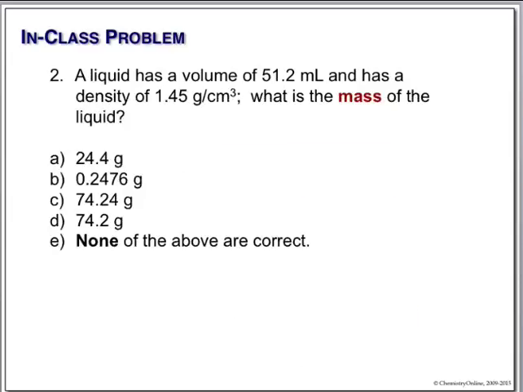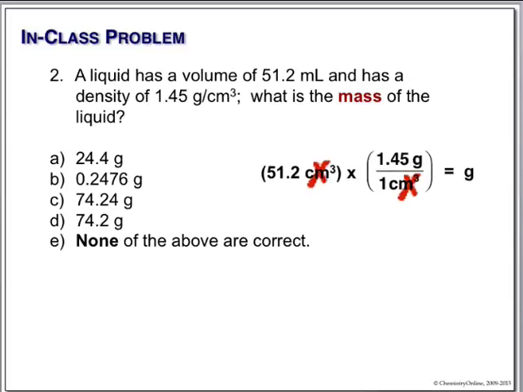Look at another one. We have a volume, we have a density, and we're looking for the mass. If we did this with our algorithm, which I always think is simpler, here's our given, our 51.2 cubic centimeters, or mils.